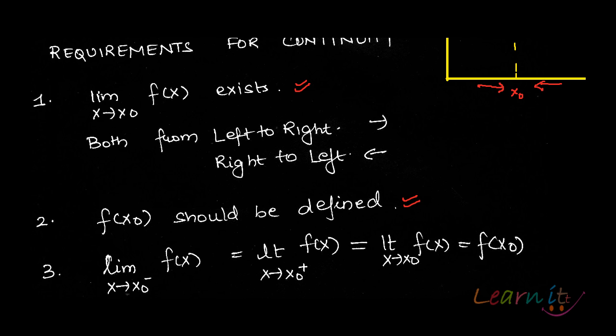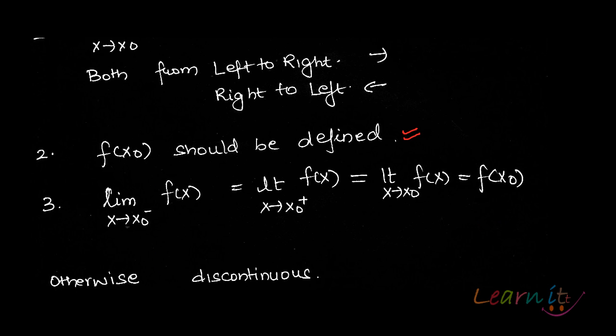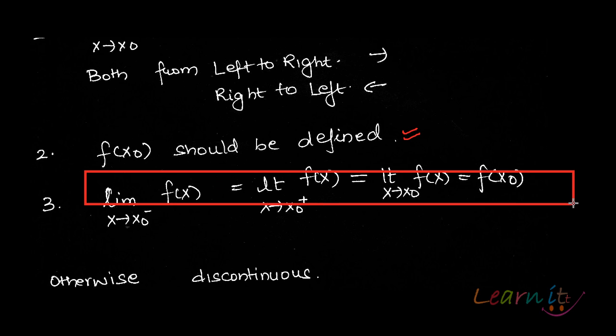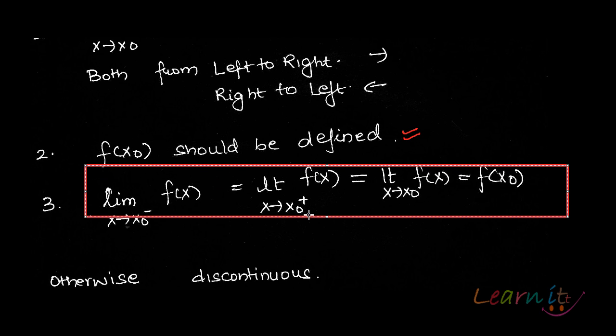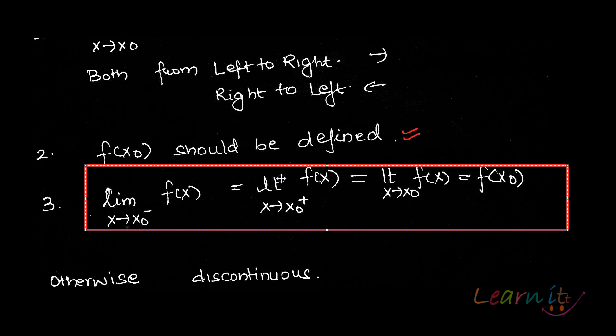And number three, the most important concept, is that the limit as x tends to x naught minus of f(x) should equal the limit as x tends to x naught plus of f(x), and should equal the limit of the function at x naught, which should equal the functional value at x naught.